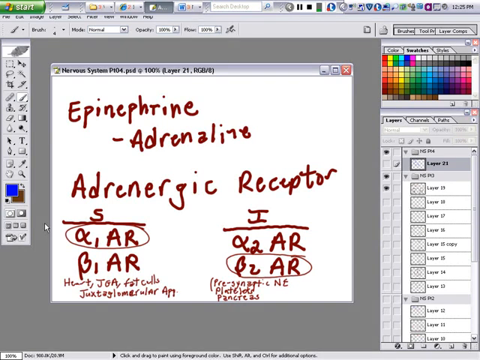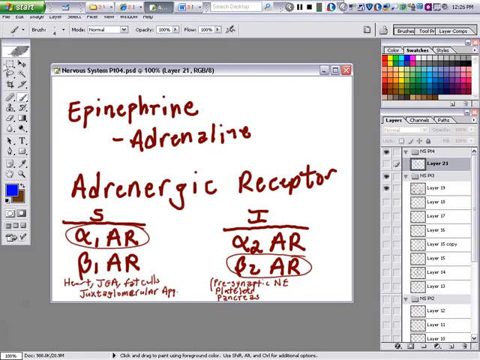That's going to be our parent compound all the time, epinephrine. We have sympathetic adrenergic receptors, which are found on the organs or the tissue that needs to be stimulated, and we have inhibitory adrenergic receptors, which are found on the tissues that need to be inhibited.